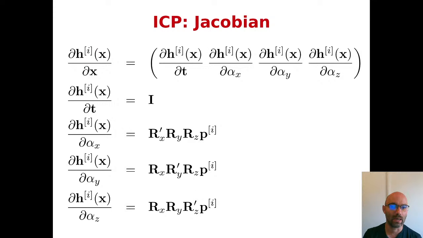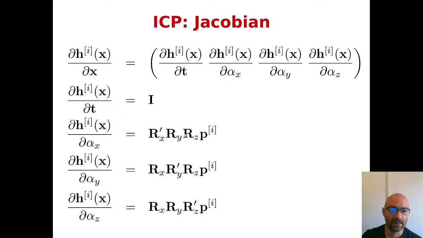So, it's quite obvious that, given that I know already the derivative of the three rotation matrices because I've written them in the previous slide, the t component will not appear because the angles do not appear in the t component of the prediction function.